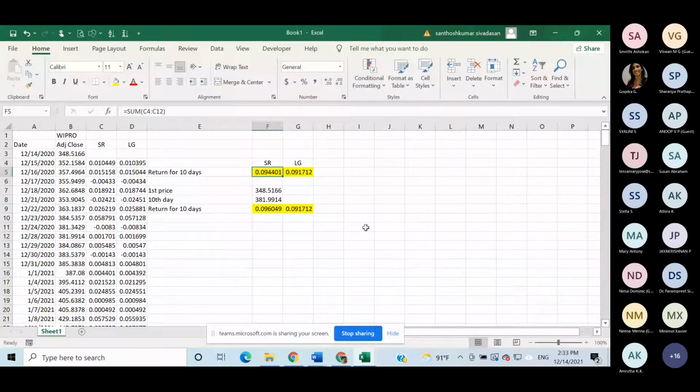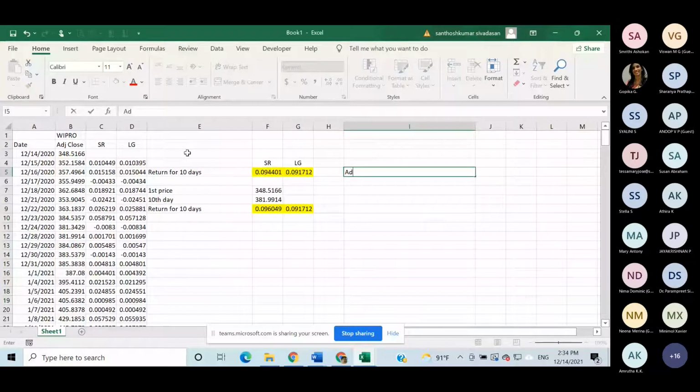So these two are different, right? Simple return is different. Here in the case of log return, it is the same. This property of log return is called the additive property, not addictive, but additive.